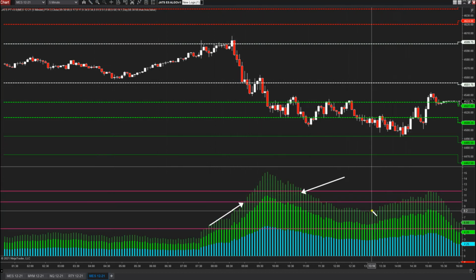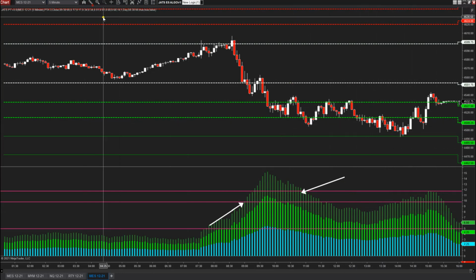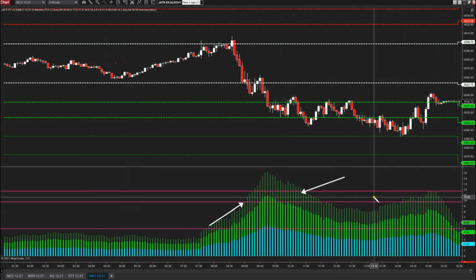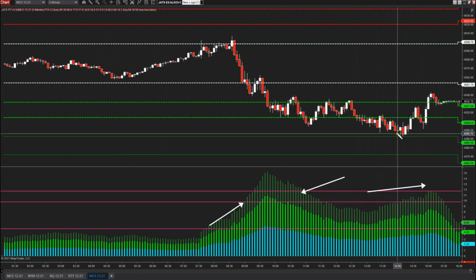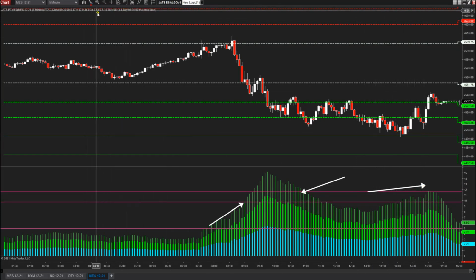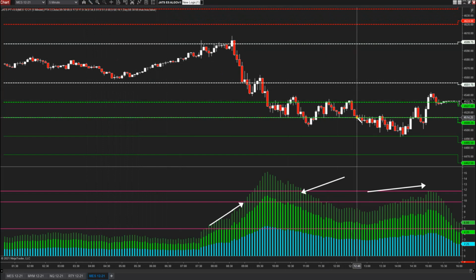Now here we had a little bit of an acceleration range expansion, and it went when the range accelerated. Right here you can see it accelerating. Once it started accelerating, it was able to finally go from the 2 to the tail, 3 to the tail. So it left the 3 and went to the tail.